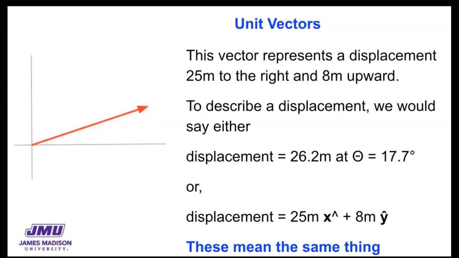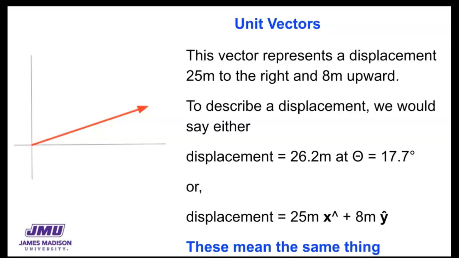In a previous video, I said that for a two-dimensional vector, there are two common methods for denoting the location of a point, for example, a displacement vector, with respect to the origin. And I said it's analogous to explaining the location of a point in an xy Cartesian graph. So this red vector here represents a displacement that is 25 meters to the right and 8 meters upward.